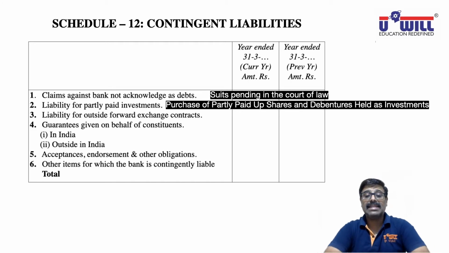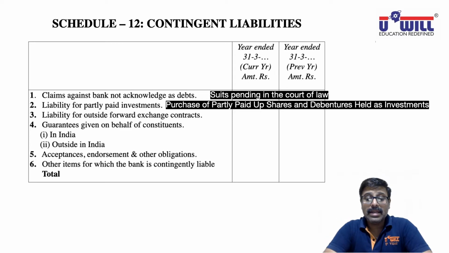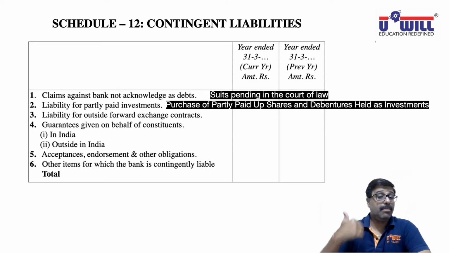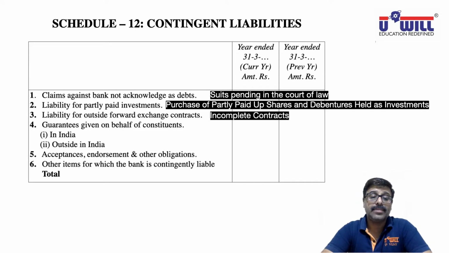So if the bank has any partly paid shares and debentures held as investments, then the uncalled money would come as contingent liability. The bank may have to pay it, or may not, depending upon when the company calls that money. Liability for outstanding forward exchange contracts means incomplete contracts.